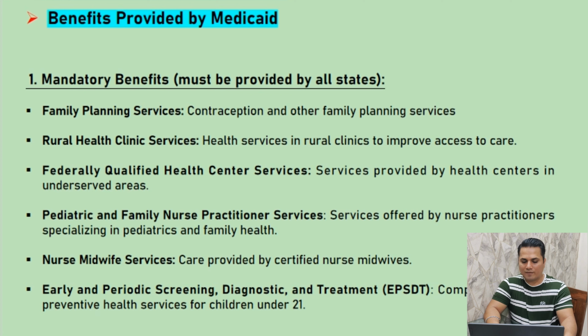Nurse midwife services: care provided by certified nurse midwives. Early and periodic screening, diagnostic, and treatment, which is also called EPSDT for short: comprehensive and preventive health services for children under 21.